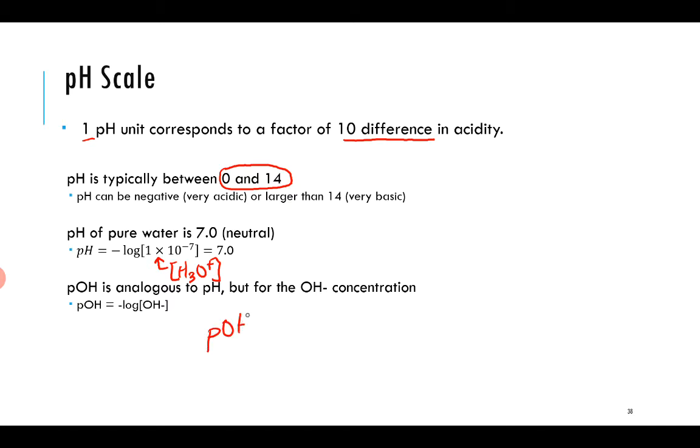And so pOH would be equal to the negative log of my hydroxide ion concentration. And I can do the same math that I did before in order to solve for my hydroxide ion concentration. If I'm trying to do the inverse, I can solve for my hydroxide ion concentration by doing 10 to the negative pOH exponent.